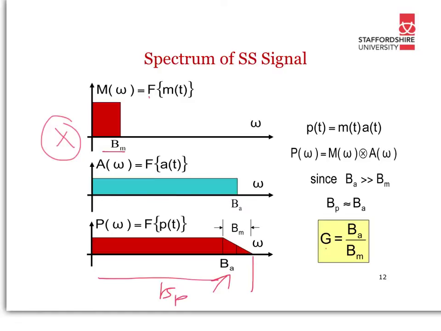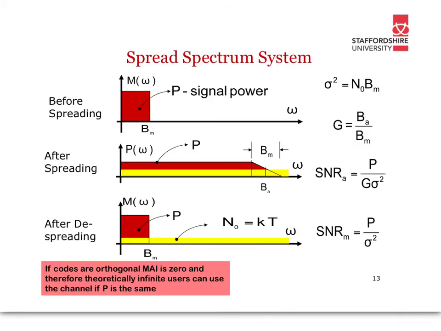So what's the ratio between the frequencies of the message signal and the spread code? And that's the processing gain. So before spreading, we've got a narrowband signal, and then after spreading we have a wideband signal, and we also have the noise.